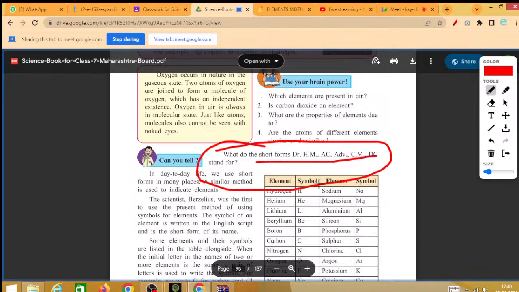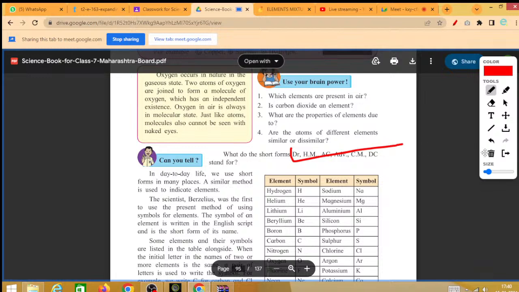Read this, Sanjana. Okay. What do HM stand for?